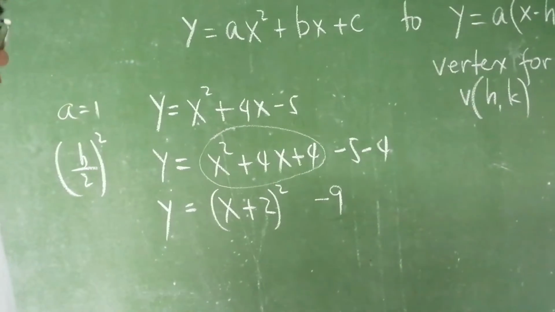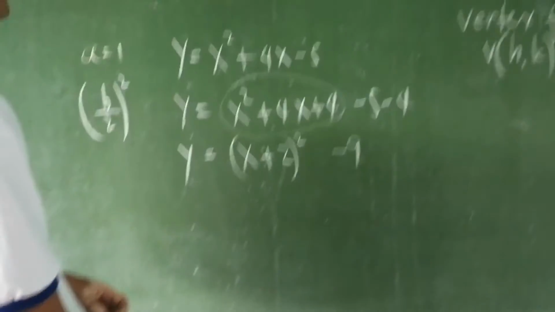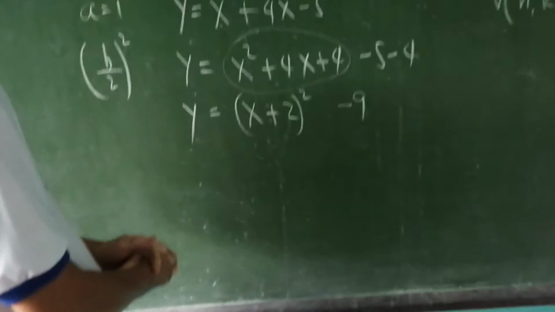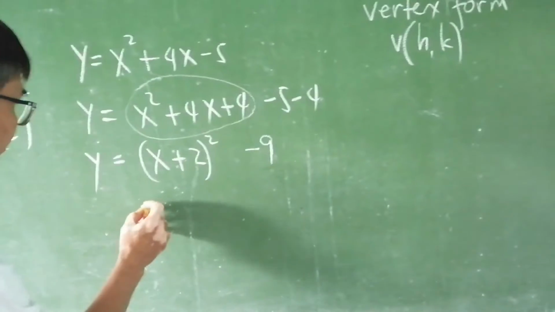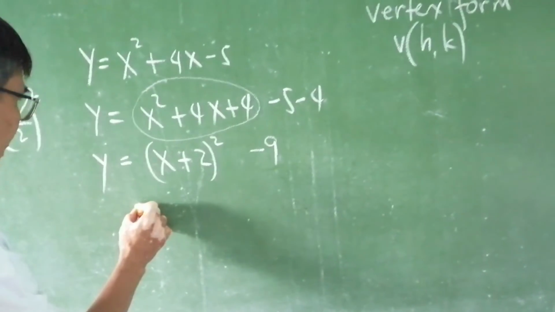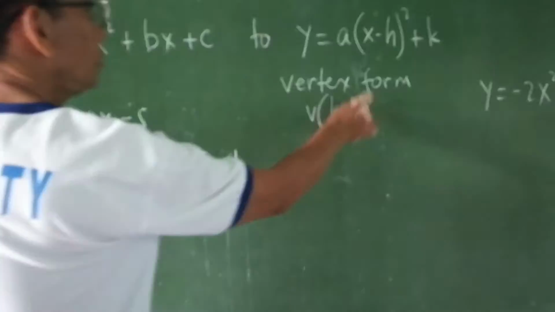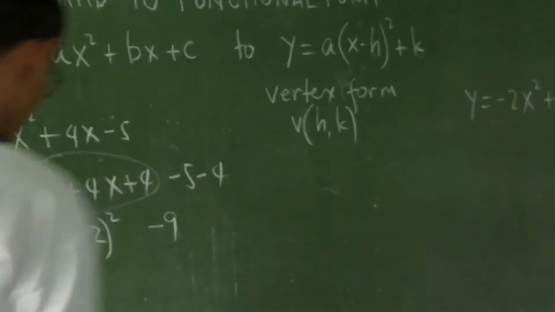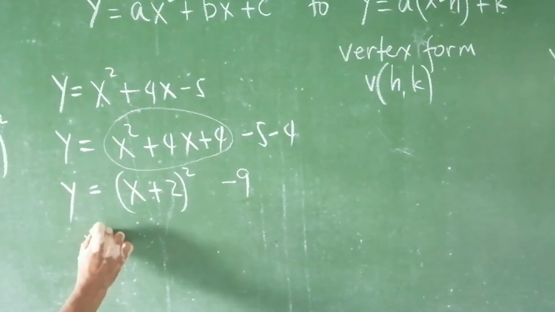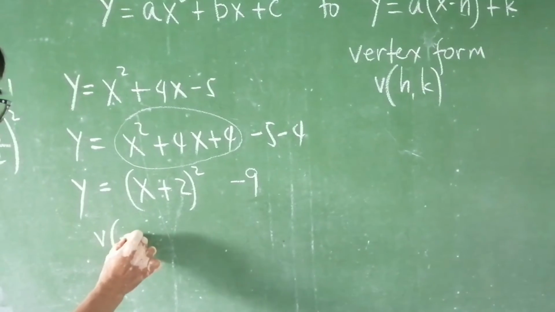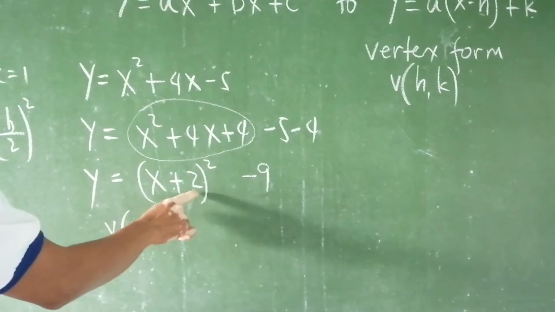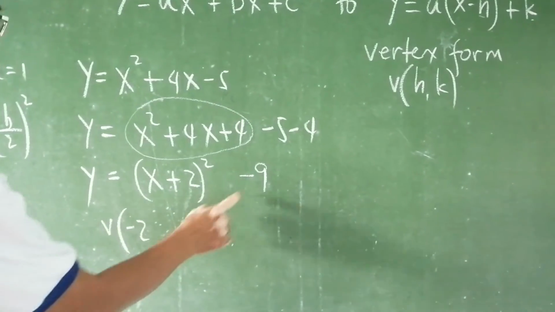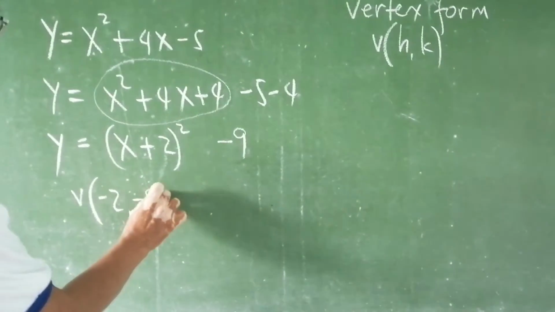So therefore, the purpose of transforming to vertex form is that you can have the vertex here. The vertex is (h, k). So the vertex of the parabola here is negative 2, taken from here, equate that to 0, so you get negative 2 and negative 9.